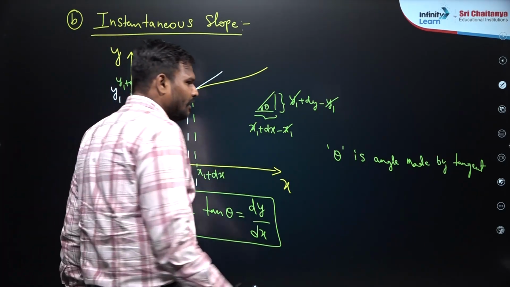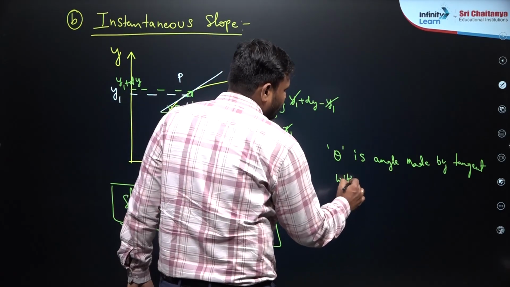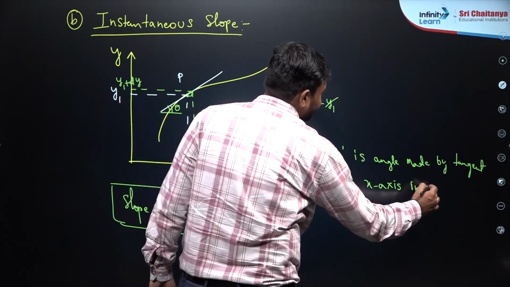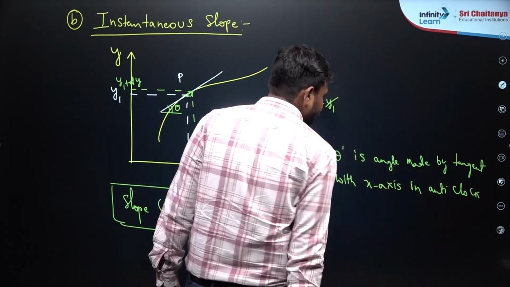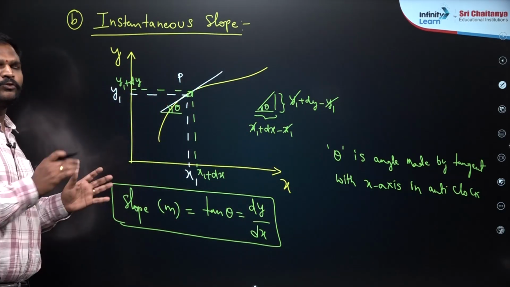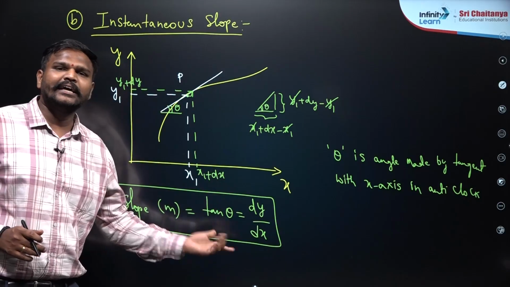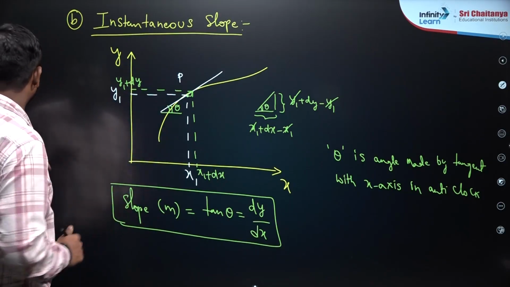So theta is the angle made by the tangent with whom, sir? With the x-axis. In which direction? Anti-clockwise direction. Is that clear? So average slope is y2 minus y1 by x2 minus x1. Instantaneous slope is dy by dx. I hope it is clear, sir. Let us go to the next concept.